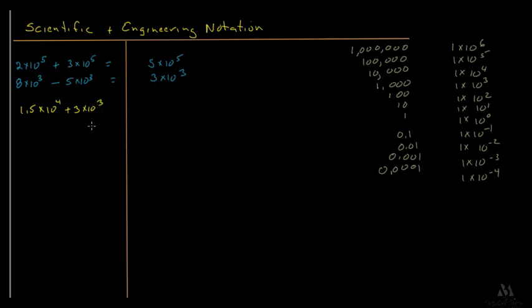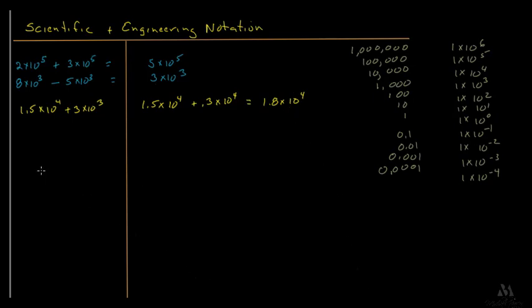So what we could do is keep these grouped, 1.5 times 10 to the fourth, and turn this one into a power of 4, which would be plus 0.3 times 10 to the fourth, and we could add those. And so we'd end up with 1.5 plus 0.3, which would be 1.8 times 10 to the fourth.